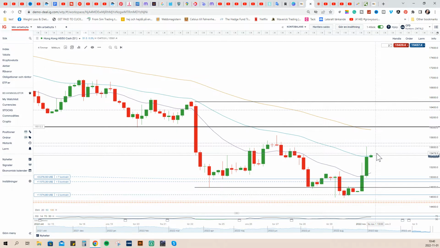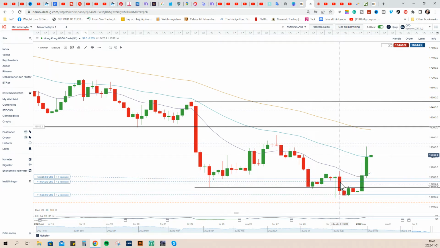And you can also see that it's almost a mother bar here in the 4-hour chart as well. Well, it's actually not, because you see this wick. So to be very exact, it's not a mother bar, because you see the wick here.